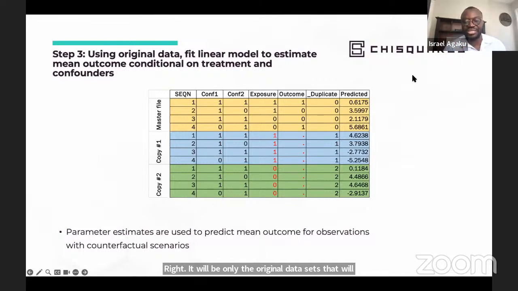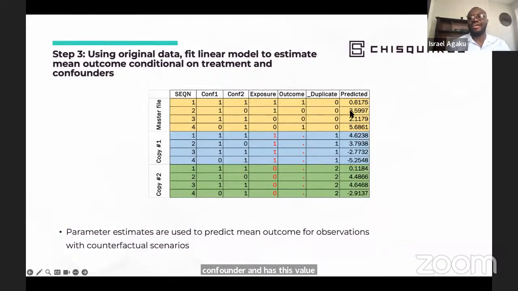So we do our regression, and then what we do next is create predicted values. Prediction is what we sometimes do after we have fitted the regression model. We're saying, okay, we fitted the regression model, now let us predict the expected value of the outcome based on these conditions. Here is a predicted value, assuming that this individual has an exposure value of 1 and has this confounder and this value.